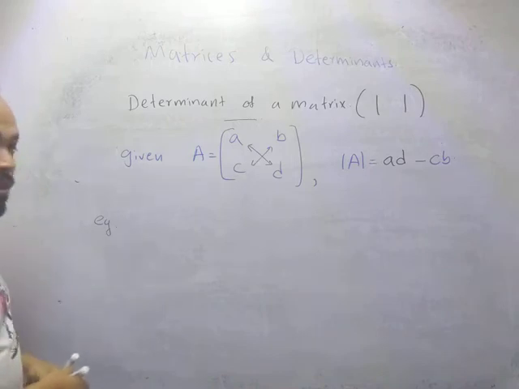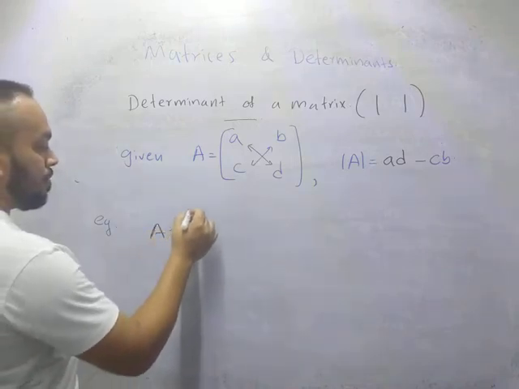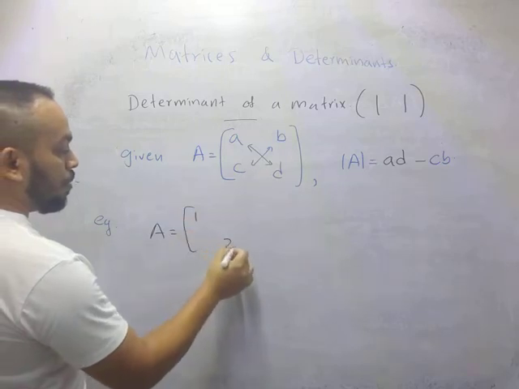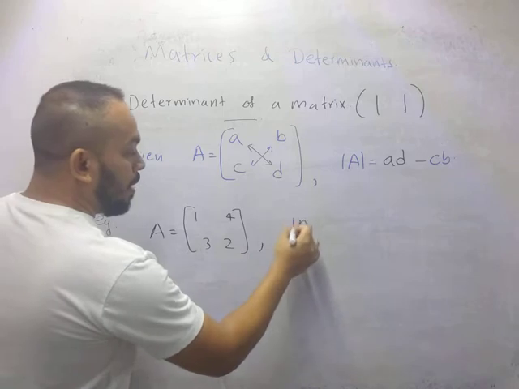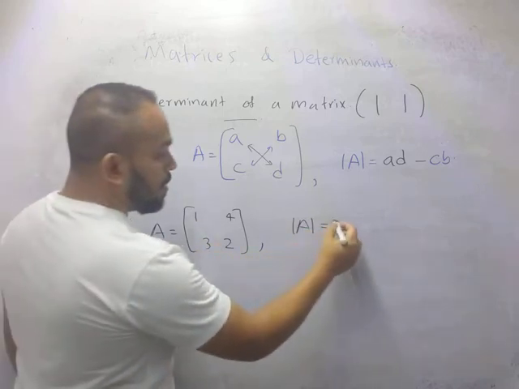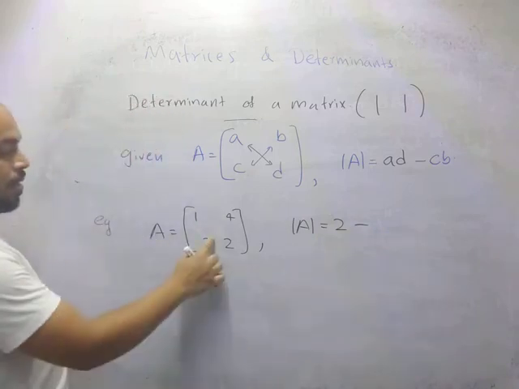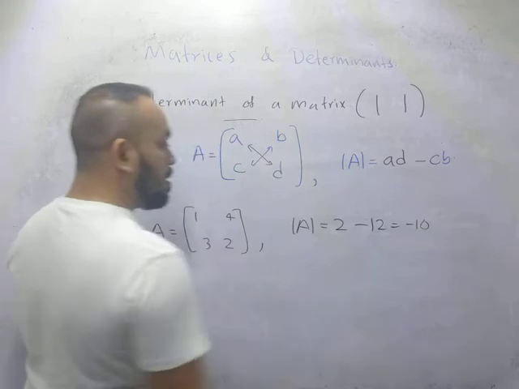You can do a lot with this. Let's look at some examples. Suppose A is 1, 2, 4 and 3. Can you guess the determinant? First 1 into 2 is 2, then minus 3 into 4, that is 12. So the determinant is minus 10.